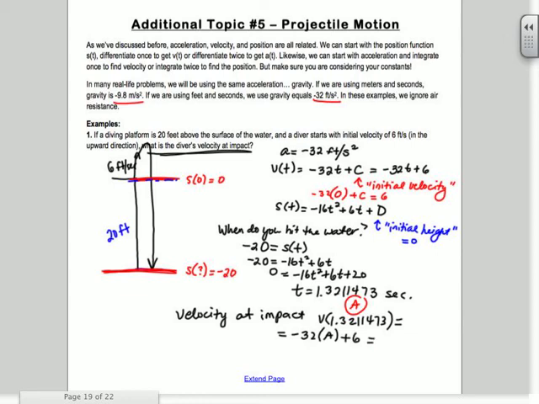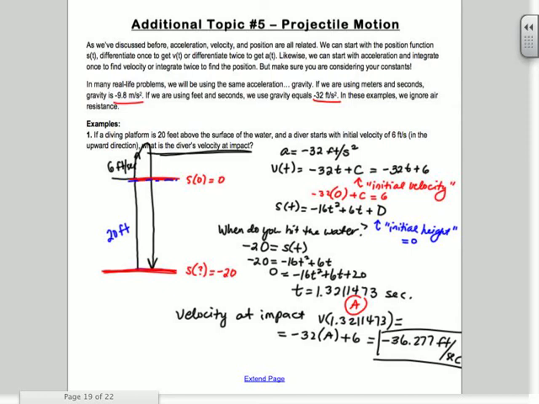And what'd you guys get? Negative 36 is what we said? Negative 36.277 feet per second. It's velocity, so it's feet per second.